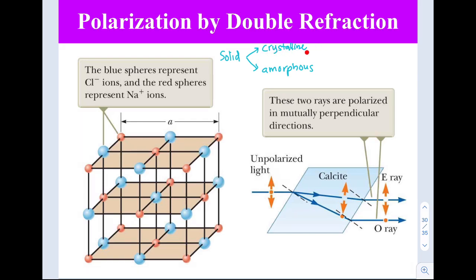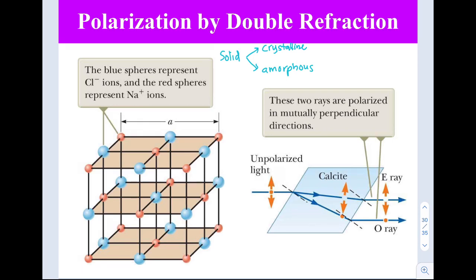But for light passing through an amorphous material, the speed of the light is the same in all directions.